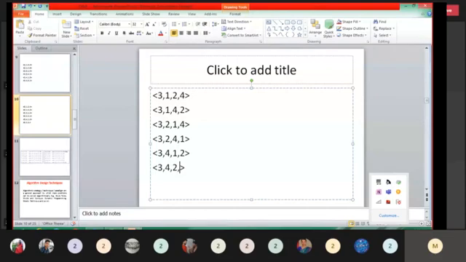Okay. These are the 6 combinations of 3.